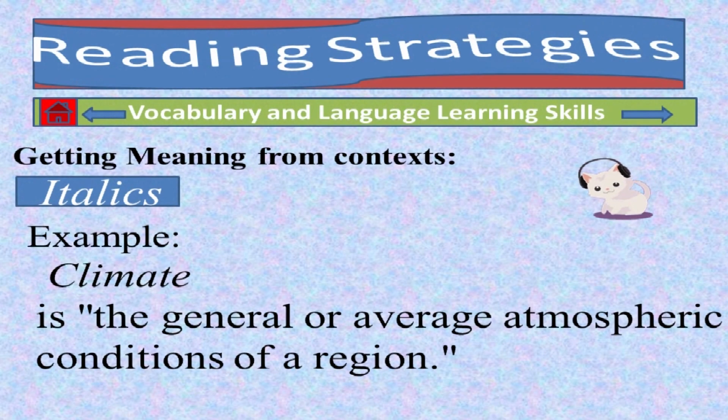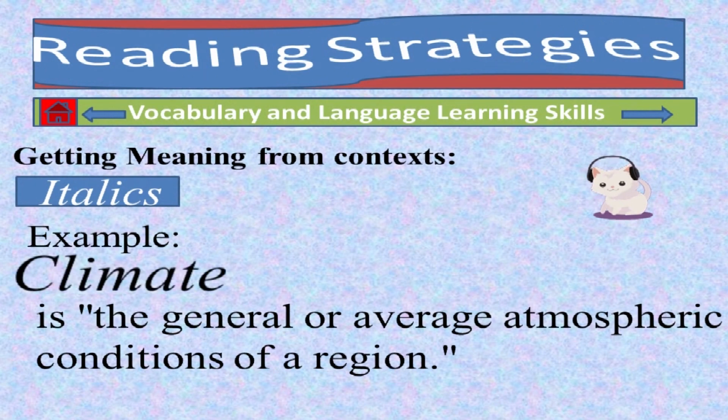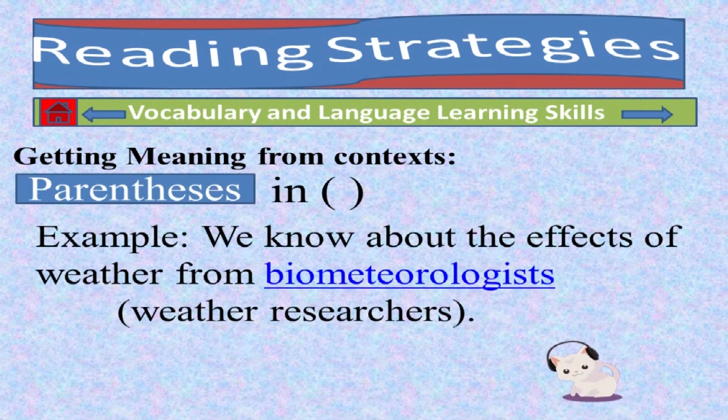Another sign to recognize keywords in a reading text is italics. Take this sentence as an example. Climate is blah blah blah, and climate is italicized. Parentheses are also a means of explanation for a term with its synonyms.